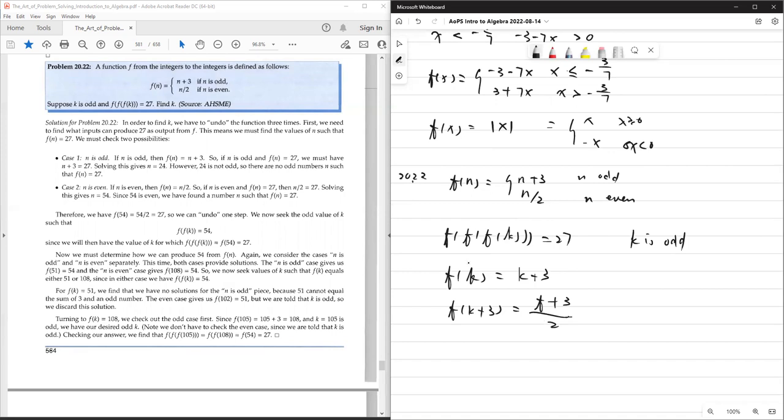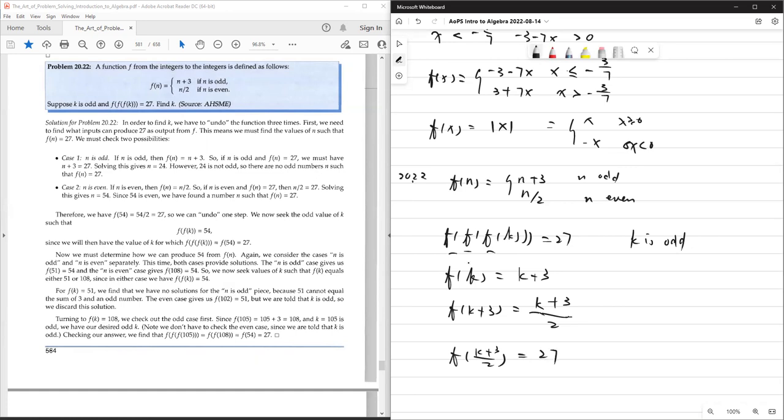Now we run into a situation. If k is, say, 1, then 1 + 3 divided by 2 is 2, which is an even number. If k is, say, 3, then 3 + 3 divided by 2 is 3, which is an odd number. So for the next layer we have both situations. We have the nest over layers 1, 2, and 3 equal to 27.